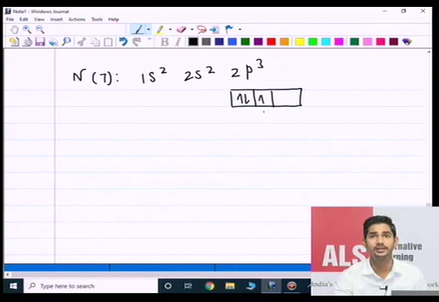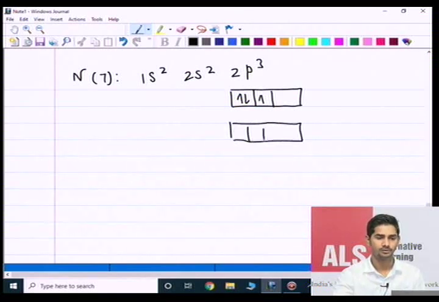Please do not copy this, guys. Then, I can have this method as well. I can fill in this manner as well.